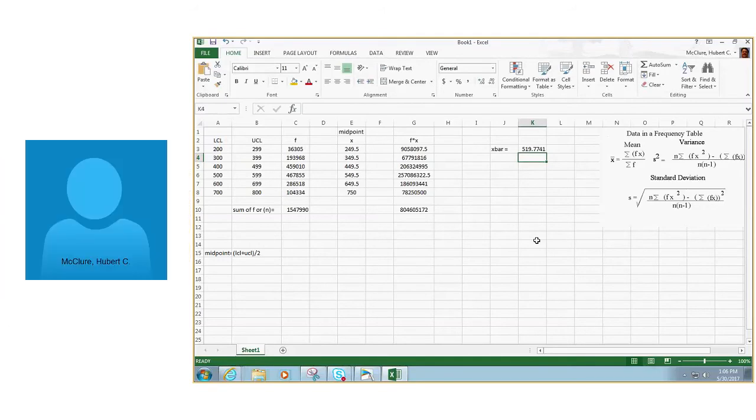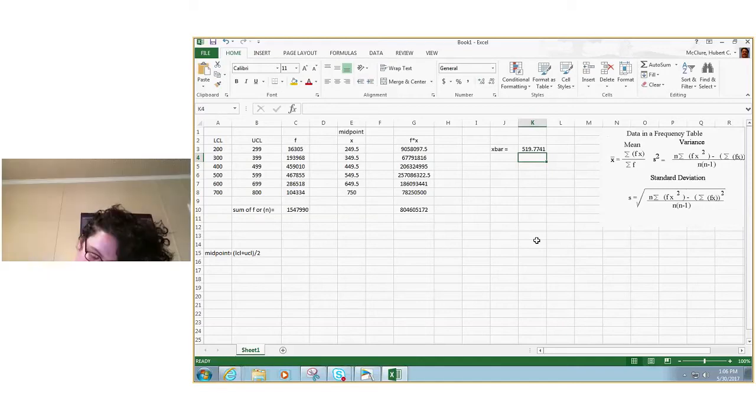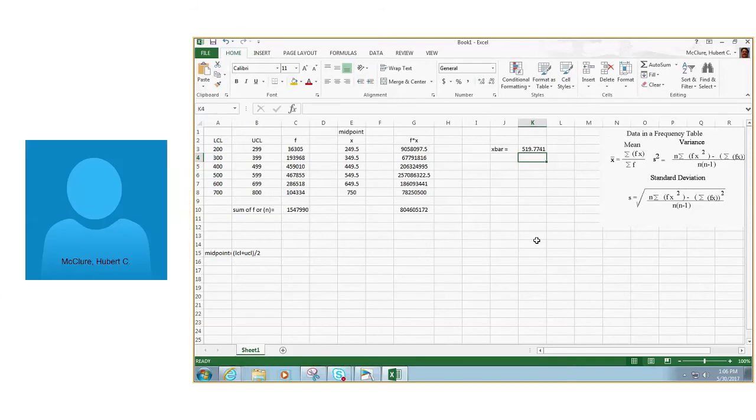Okay, now I want you to look at the variance. What do we have that we know the definition for in that formula? N, yes, we got N. We got F and X. So all we got to do is put it together. There's one thing that we don't have.